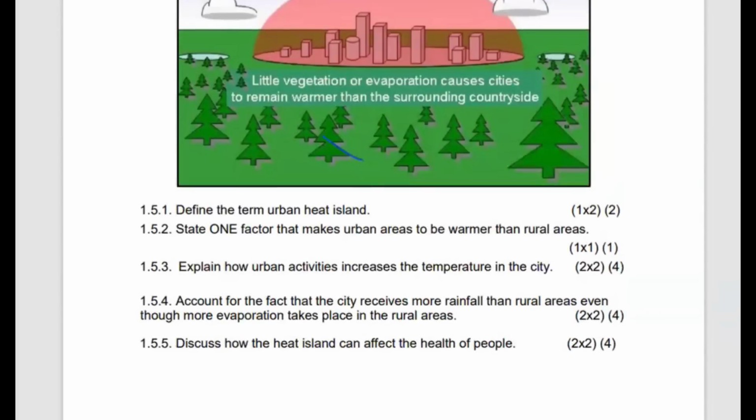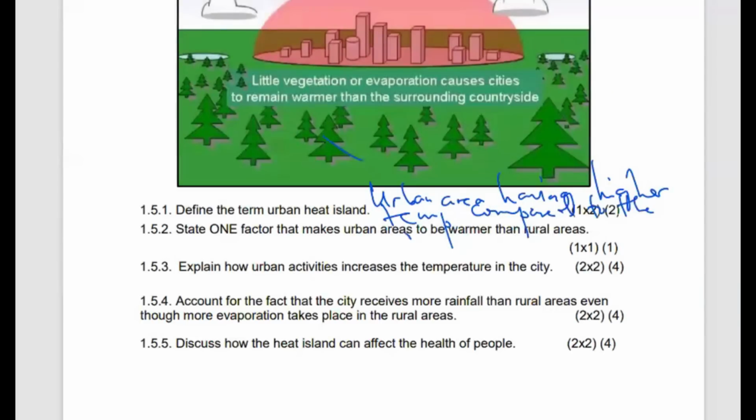So we are saying an urban area having higher temperature compared to the surrounding rural area.